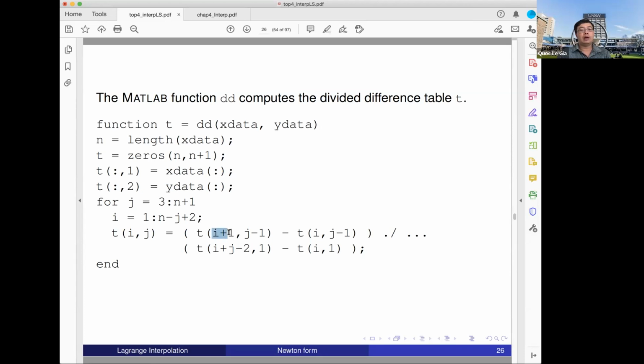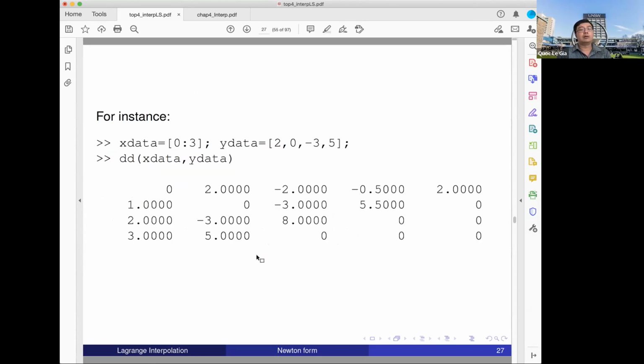So Ti plus 1 j minus 1 minus Ti j minus 1, then over the difference of the points here. So you see, this is what I just did here. If I apply the DD script, then I get this table, and the top row gives me the divided difference coefficients. Okay.